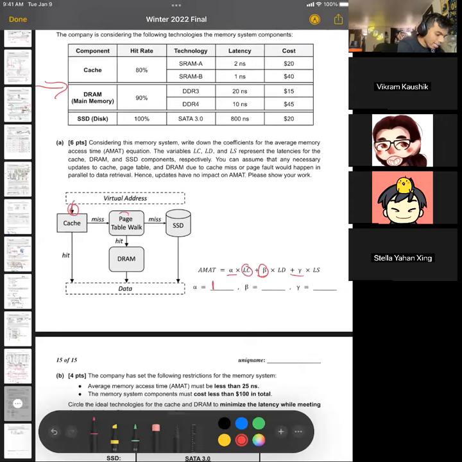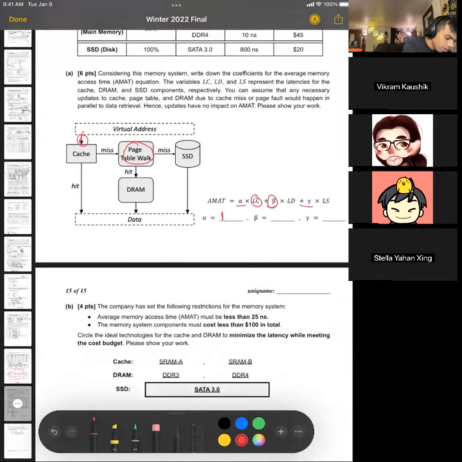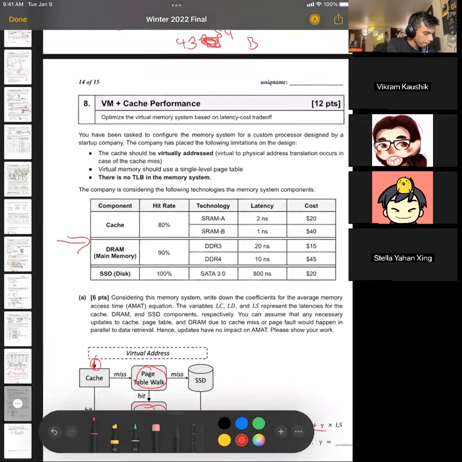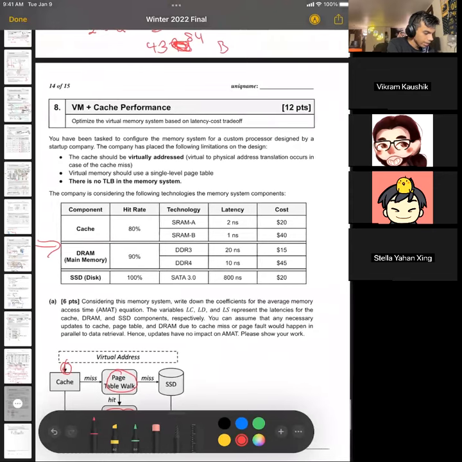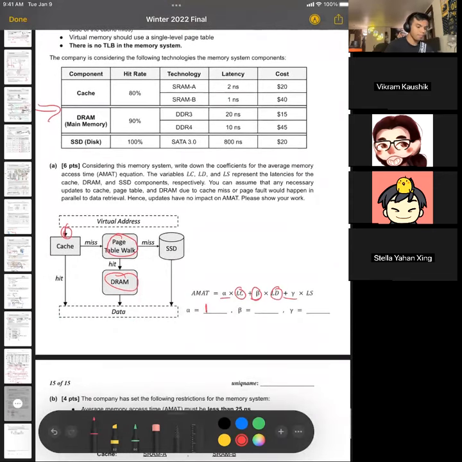I access DRAM if I do a page table walk, because my page tables are inside my DRAM. That's what LD is. So I access DRAM if I'm doing a page table walk, or if I get a hit in my page table walk, and so I can get the value from DRAM, right?